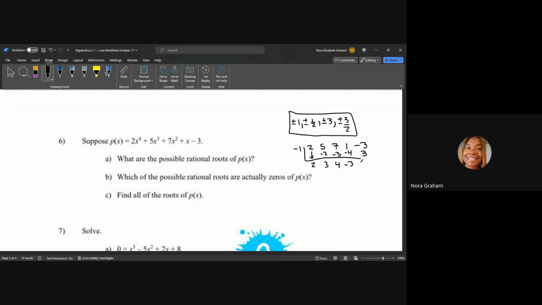And with my synthetic division, I have a remainder of 0. So then I know that one of my possible roots is going to be x equals -1.